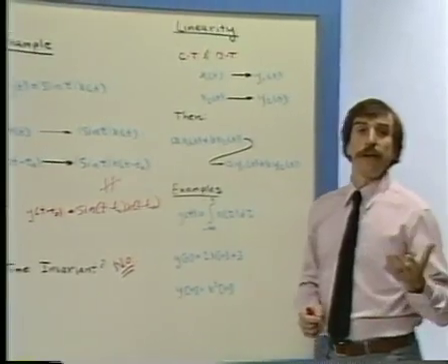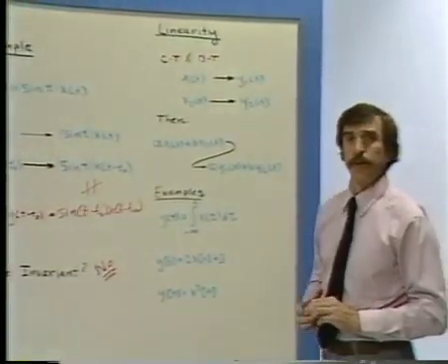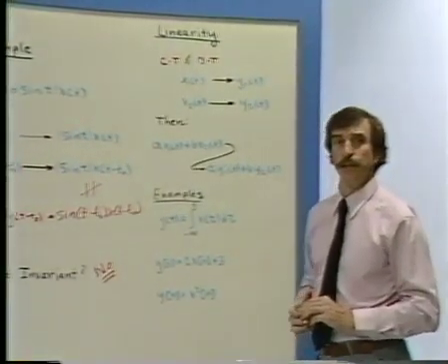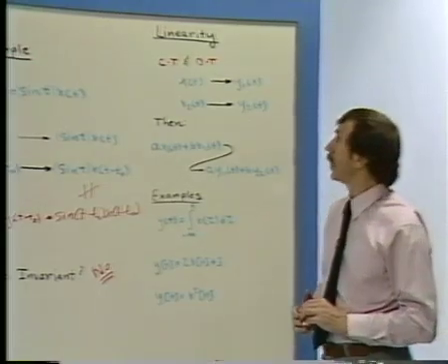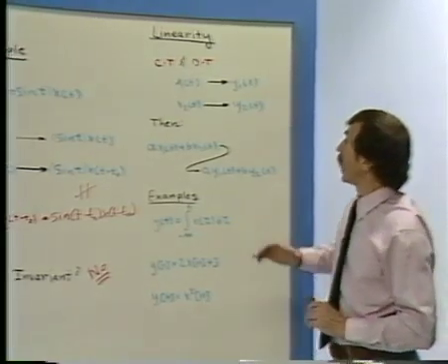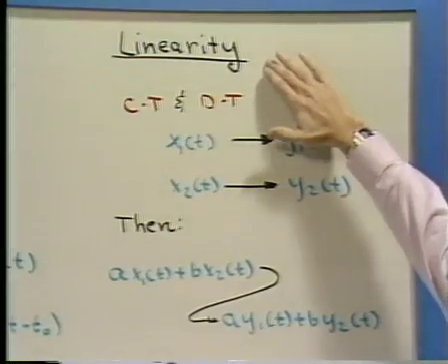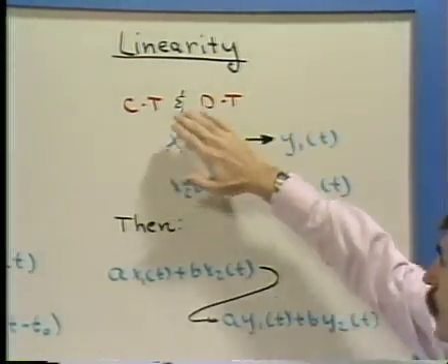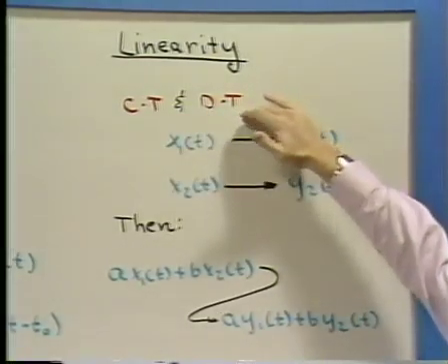Okay, now the final property that I want to introduce today is the property of linearity. And linearity is defined in a similar manner for continuous time and discrete time.